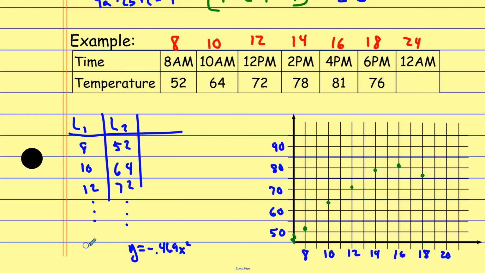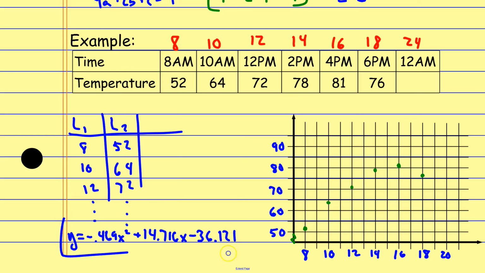And then for my next value, it gives me a b value of plus 14.716x, and then the c value, negative 36.121. And those are all rounded off, and these are all estimates. It's giving me the best approximation of what this could possibly be.